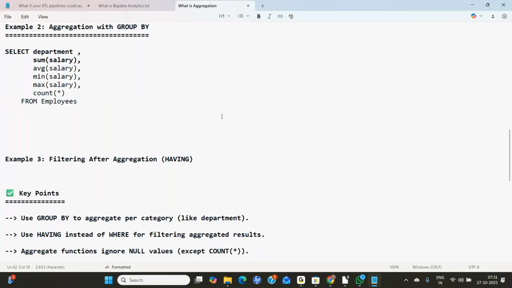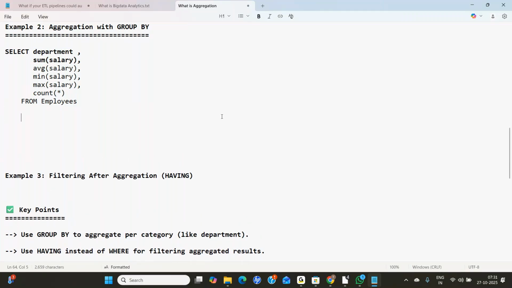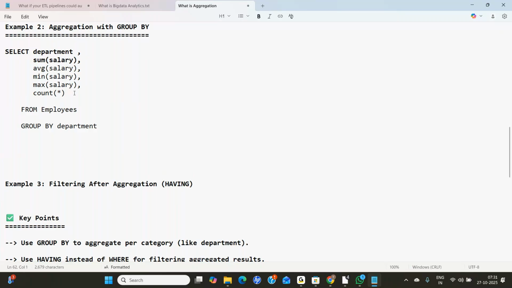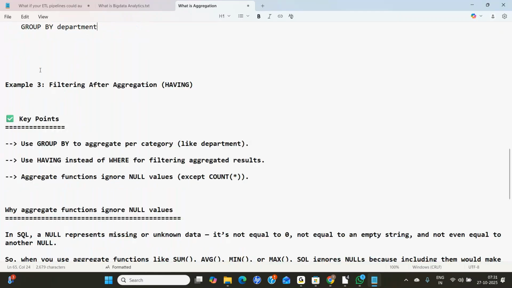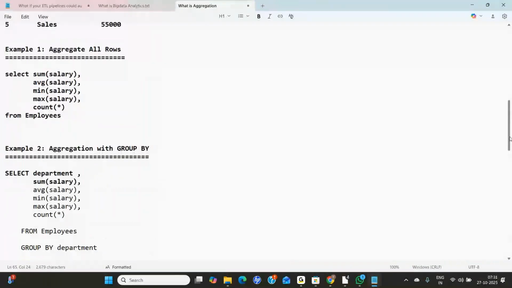This is a basic rule of thumb. So here you need to write group by department. Department-wise, or the department as a category, it is going to calculate the aggregates.